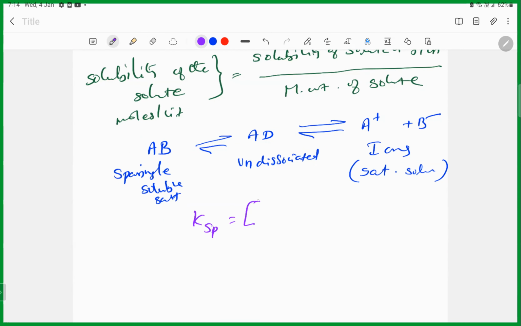when you have A plus and B minus, so A plus ions, how many moles? And B minus ions, how many moles? That only will decide.